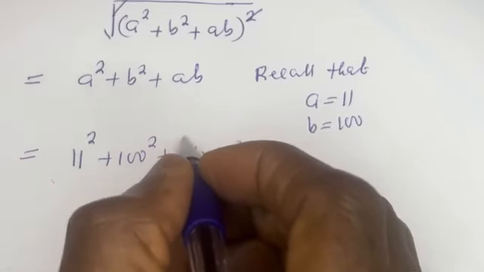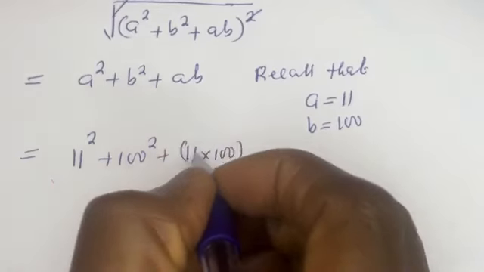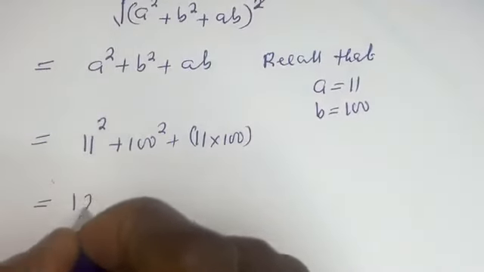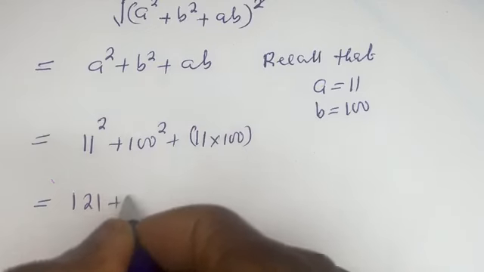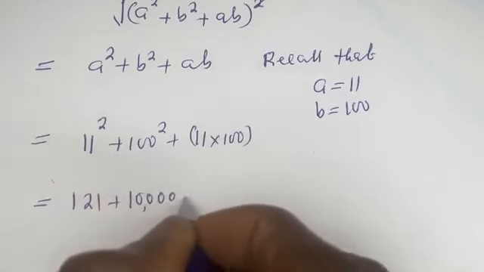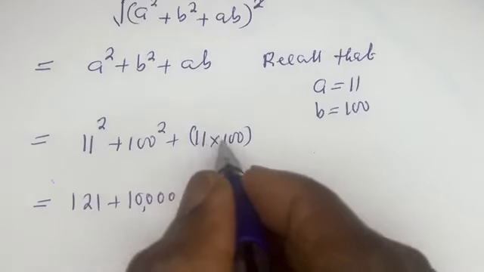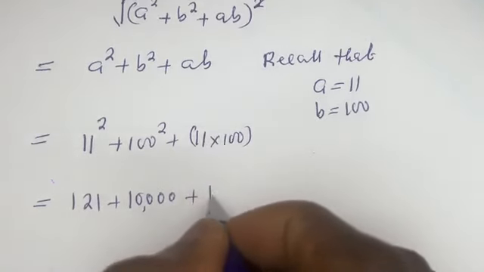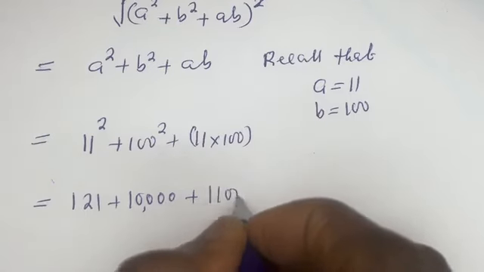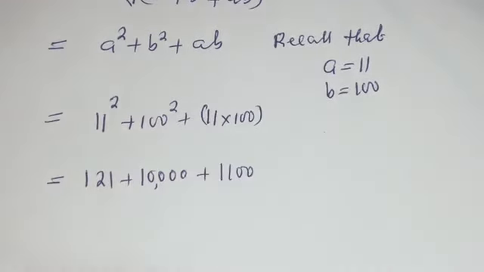Then this is equal to 11 square, 121, plus 100 square, that is 10,000, plus 11 multiplied by 100, that is 1,100. Now let's add everything together.